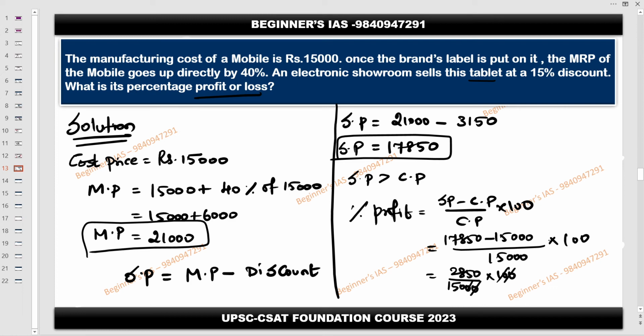So the zeros cancel here, 10 10 cancel, then 285 by 15. Obviously, how many times? So here 19 times, right? 20 times is 300, 19. 95 percentage. So therefore profit is 19%.